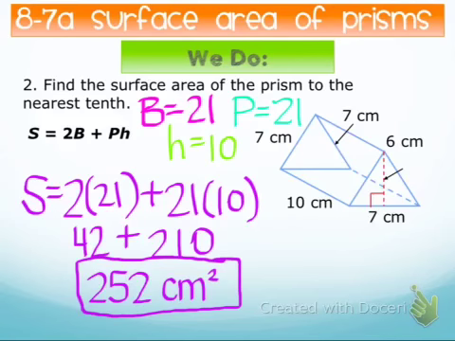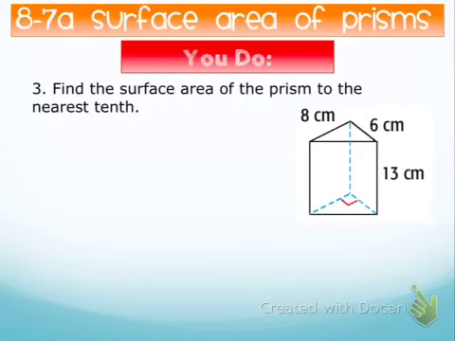Okay, so now you're going to have a you-do problem. Remember that first you need to do the area of your base, and this is your base. Then you need to do the perimeter of your base, which is adding up all these sides.